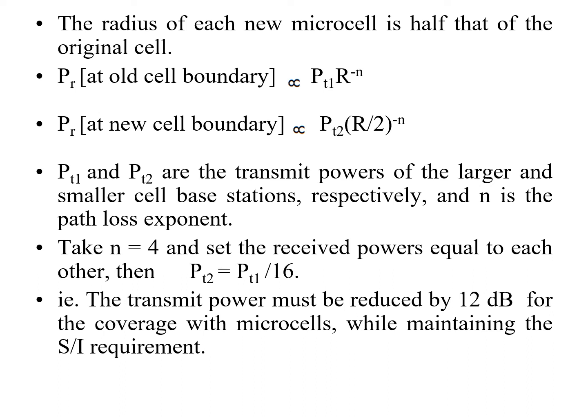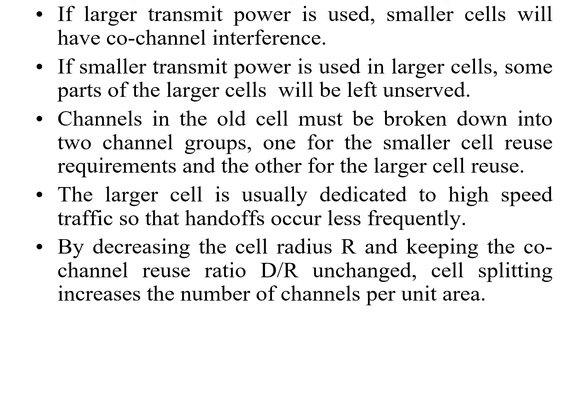Take n equal to 4 and set the receive powers equal to each other, then PT2 equals PT1 divided by 16. That is, the transmit power must be reduced by 12 dB for the coverage with microcells while maintaining the signal to interference requirement. If larger transmit power is used, smaller cells will have co-channel interference. If smaller transmit power is used in larger cells, some parts of the larger cells will be left unserved.